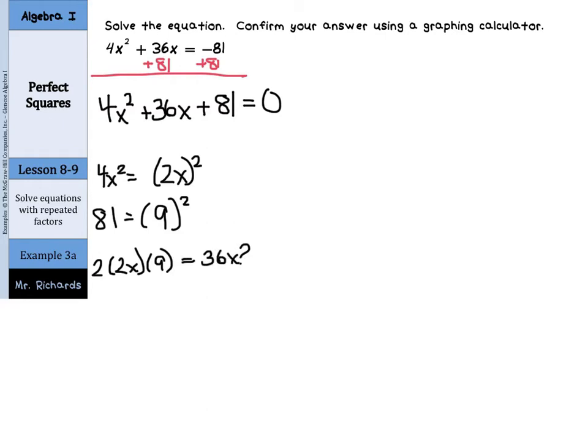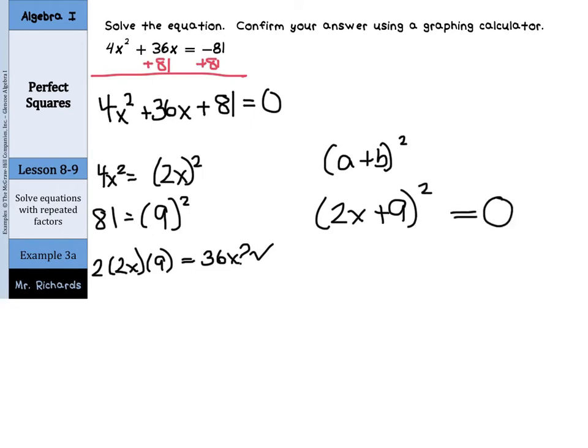Well, 2 times 2 is 4, times 9 is 36, and we have our x, so yes, it is equal to 36x. So this is a perfect square trinomial, which means I can write this as a plus b squared, which is then just 2x plus 9 squared.